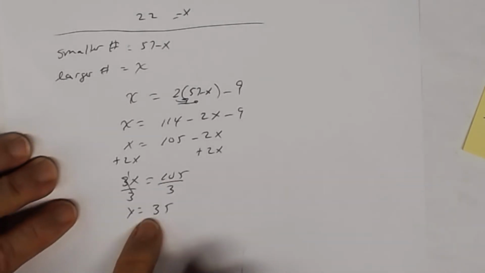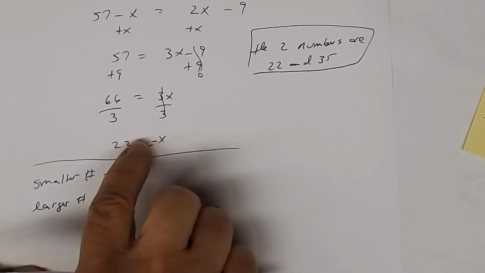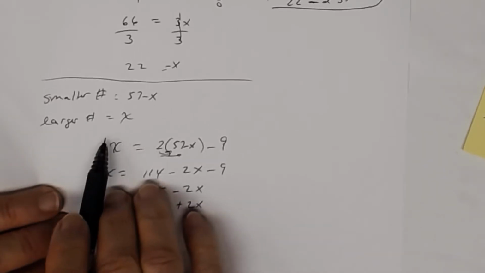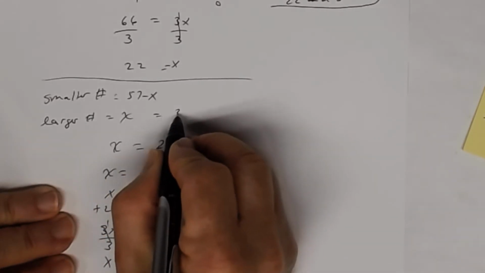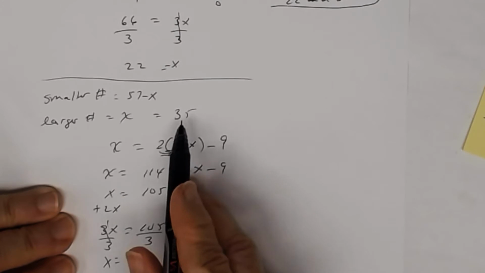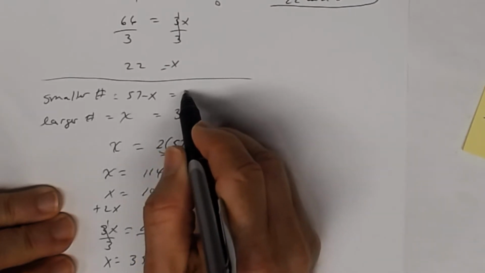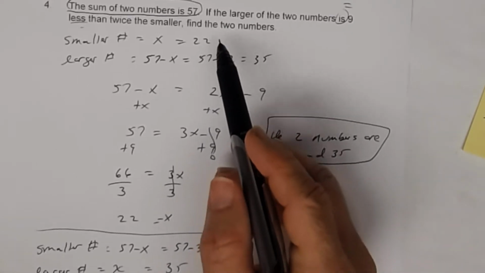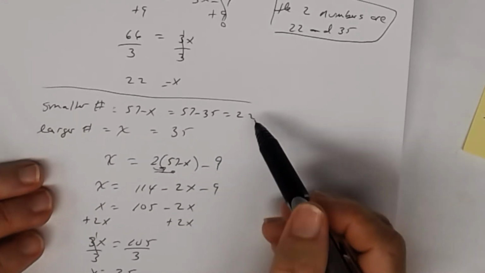So notice this time I got x to be 35. Over here I had x to be 22. But remember, this x here represents the larger number. So this time I get 35 for x, and then the smaller number is going to be 57 minus 35, which is 22. So notice I get the same answer, right? 22, 35, 22, 35.